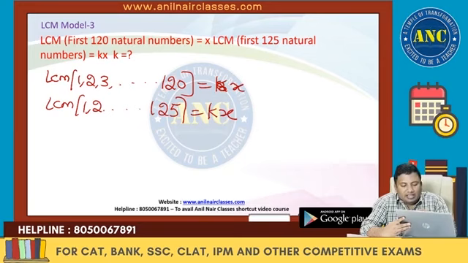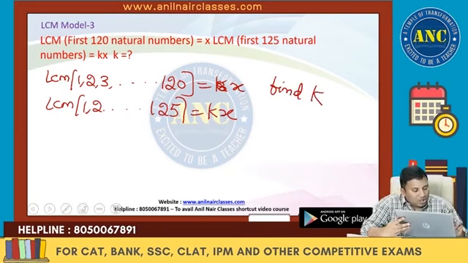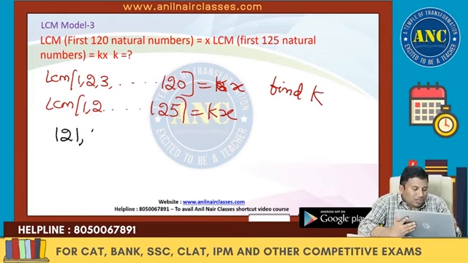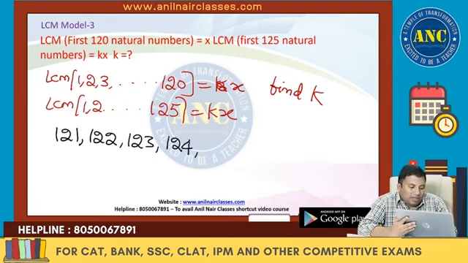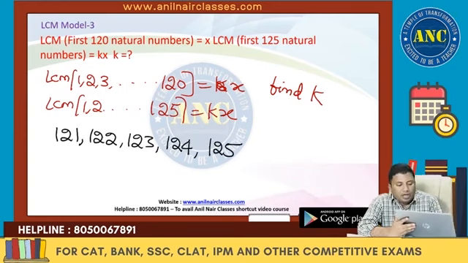Already we did this in our first class. Find k. What is the shortcut I discussed? After 120, what are all the natural numbers that are present? 121, 122, 123, 124, 125. Identify the numbers.